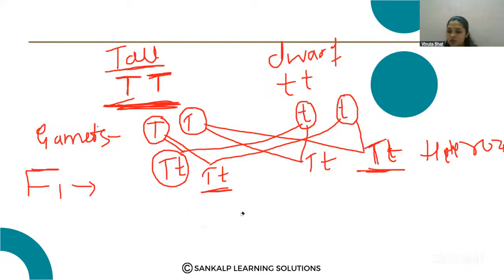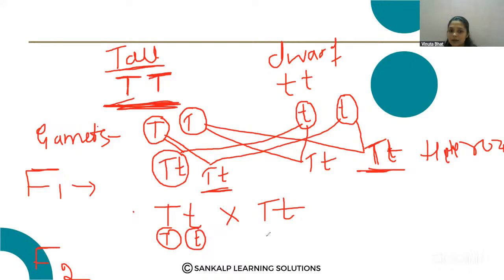Next, see what happens in the F2 generation. To obtain the F2 generation, F1 plants are self-pollinated. Capital T, small t is crossed with capital T, small t. Both are tall plants. So what do you get in the F2 plants? The gametes produced are capital T, small t, and here also capital T, small t.